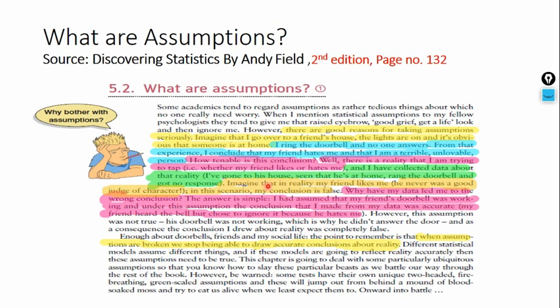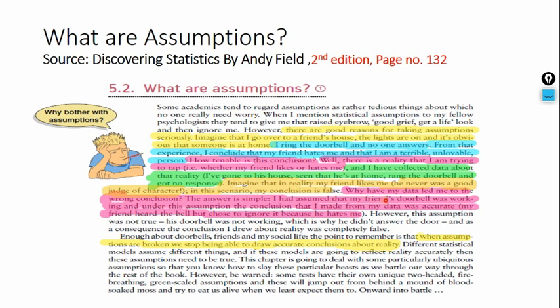I have gone to his house, seen he is at home, rang the doorbell and got no response. Imagine that in reality my friend likes me. He never was a good judge of character. In this scenario, my conclusion is false because the bell was not working.